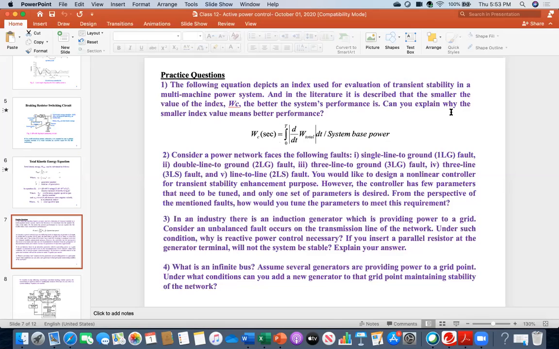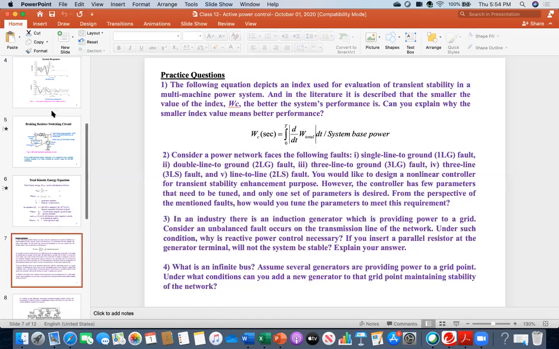So can you explain why a smaller index value means better performance? So this is the equation to evaluate the stability, but literature says the smaller the value of the index, the better the system performance. That is the meaning.